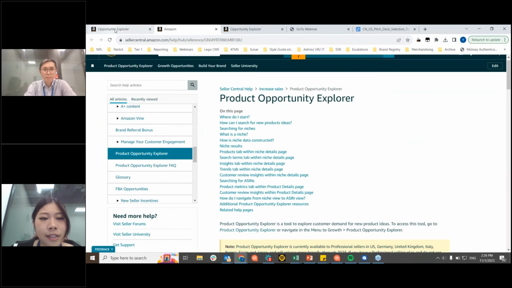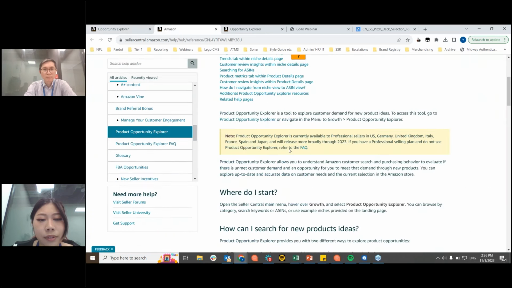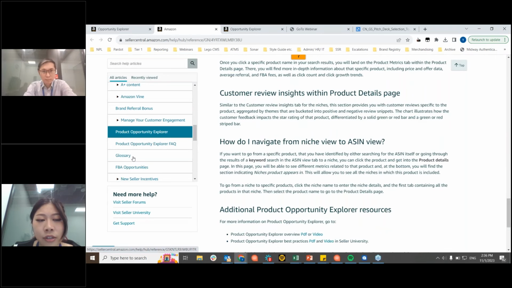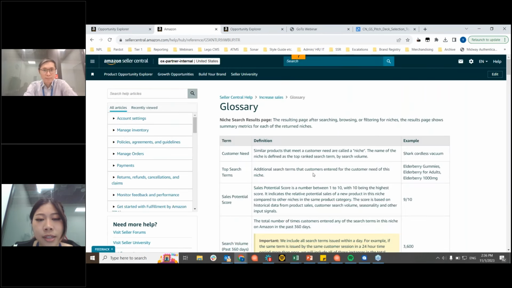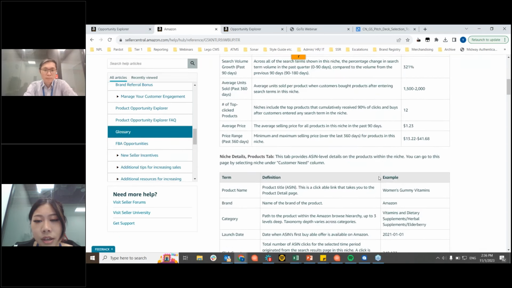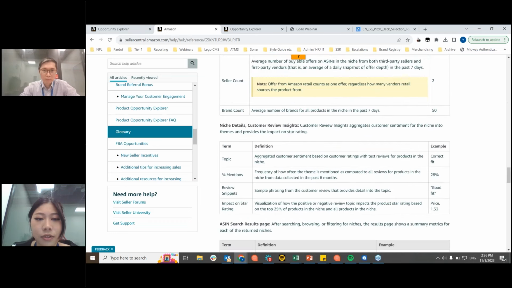Okay, if you click learn more, it will actually show you more about Opportunity Explorer, like the key things that you need to take note of. And the most important thing on the left, you can click into the glossary to understand what the different terms are and what the definitions and examples are, so that you'll be able to do your analysis properly.